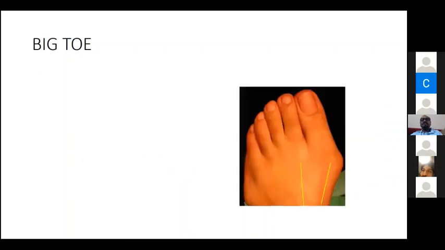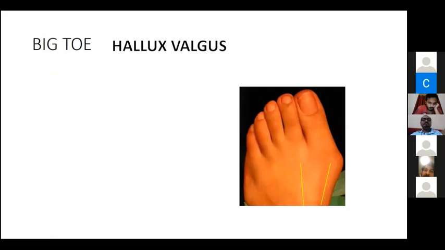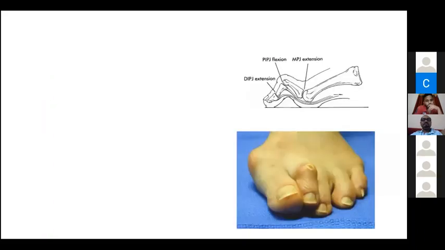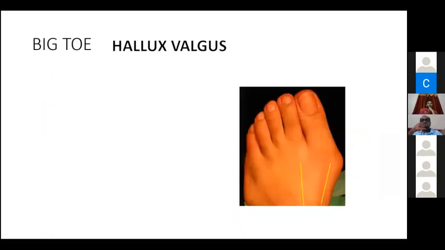What is this? Now this is one of your main questions of foot. Hallux valgus. Tell me more about it. Classification, treatment, what all are there?